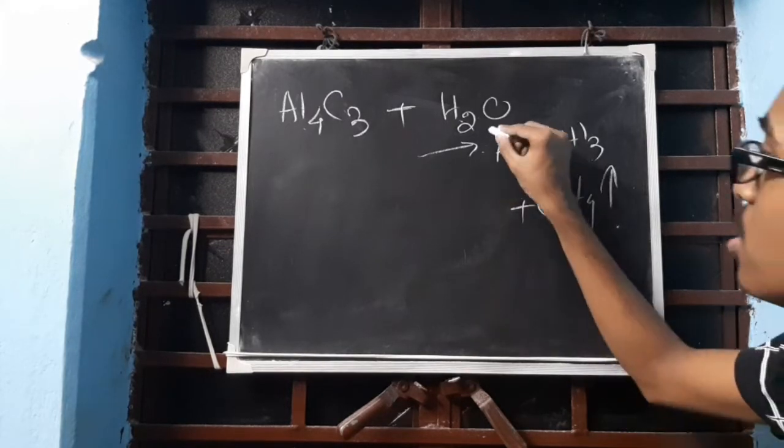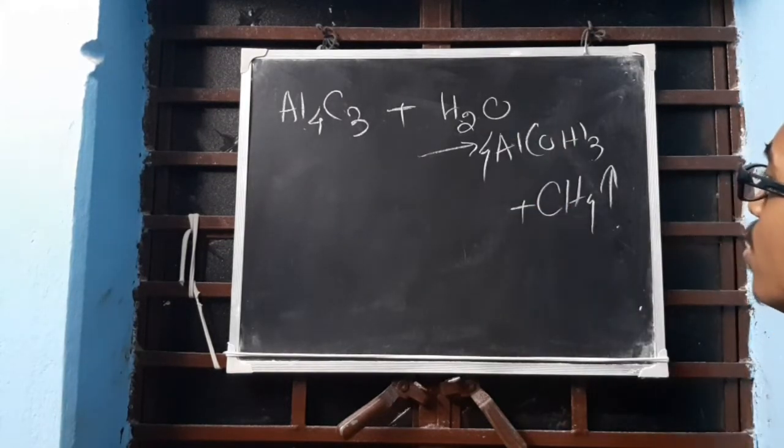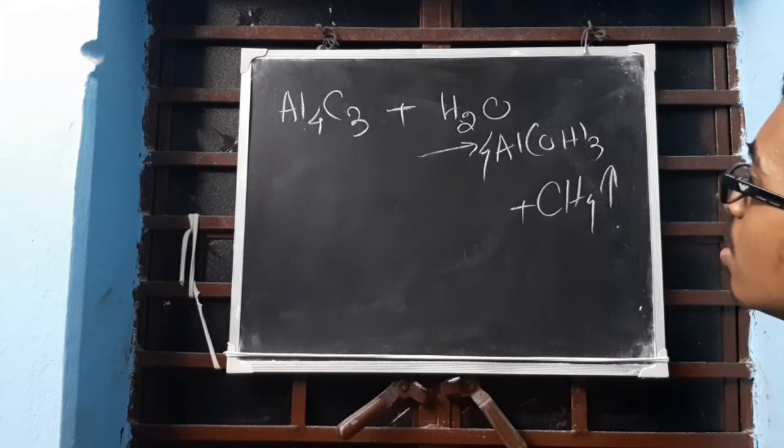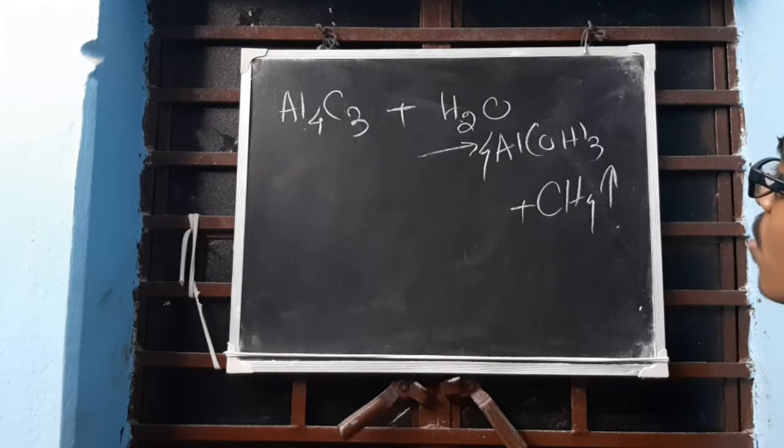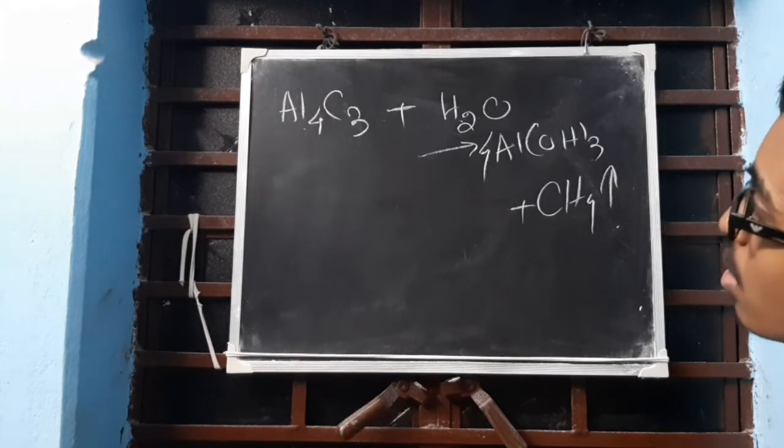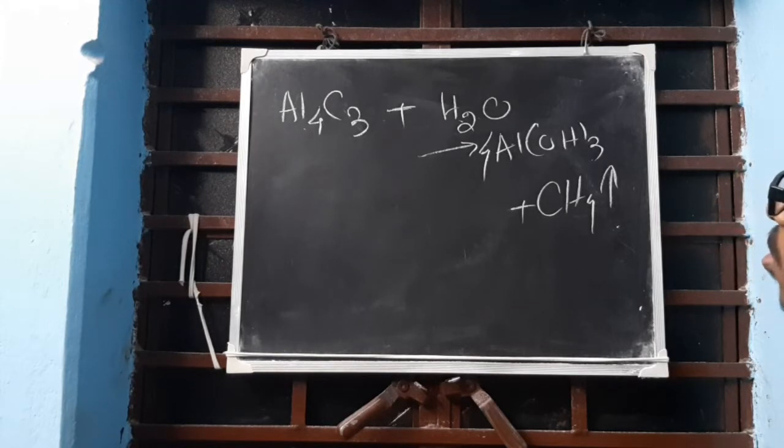4Al needs to be balanced. Now 4O is there. No, not 4O. 3. 12O is there. And how many hydrogen? 12 hydrogen. 24 hydrogen is there. I put 12 over there. 3 4 is 12 and 12.